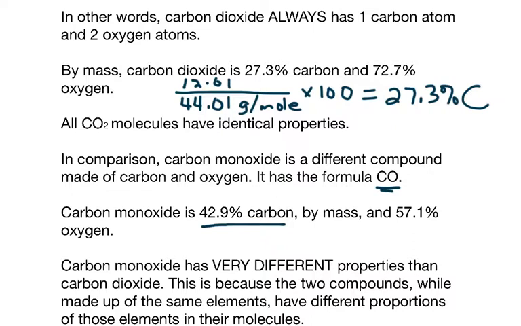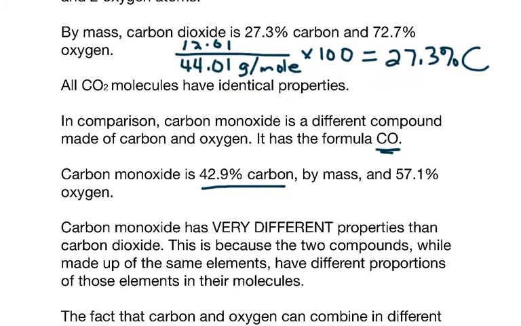This difference in these percentages is responsible for the difference in properties. Because they have different proportions of the atoms within the molecule, those different proportions come from different types of bonding, different things going on, and as a result, the properties of those 2 compounds are very different.